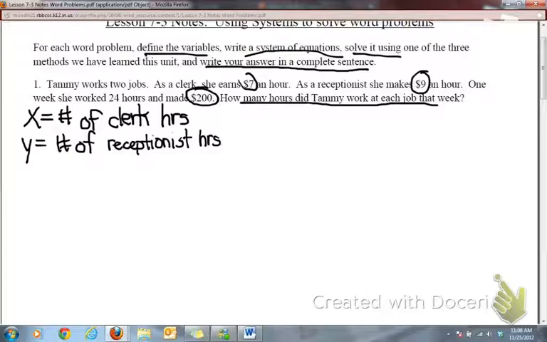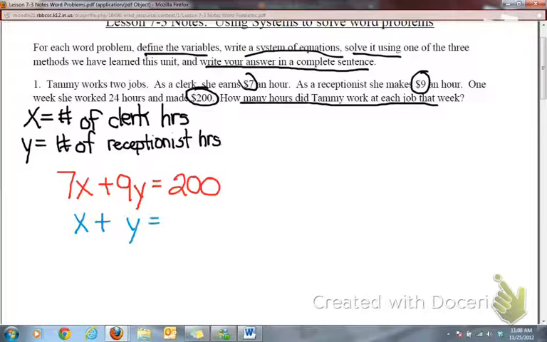So that would be 7x, $7 times each clerk hour, plus 9y, $9 times each receptionist hour, and that equals $200 that she made. The other number we haven't used yet is the 24, and that was the total number of hours that she worked that week. So that's just x plus y equals 24.